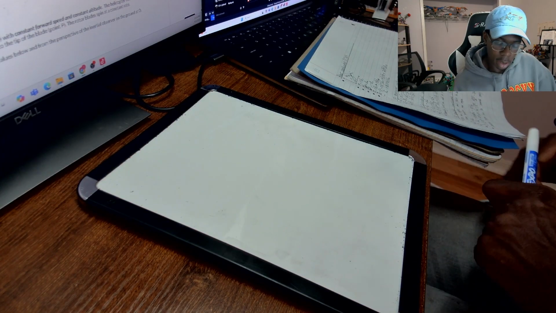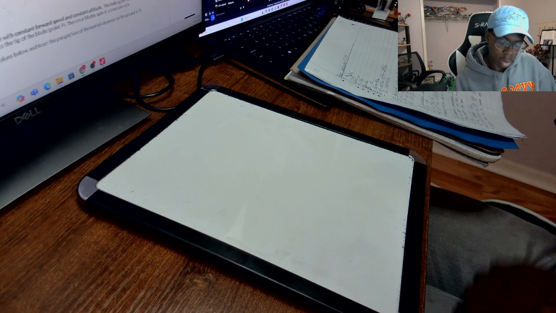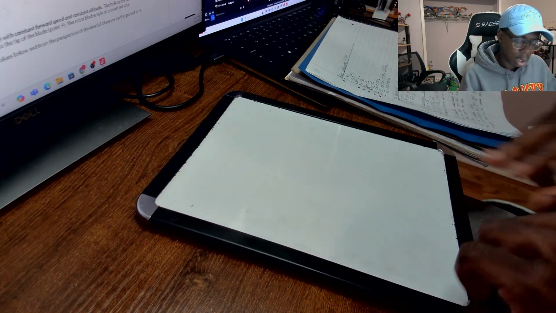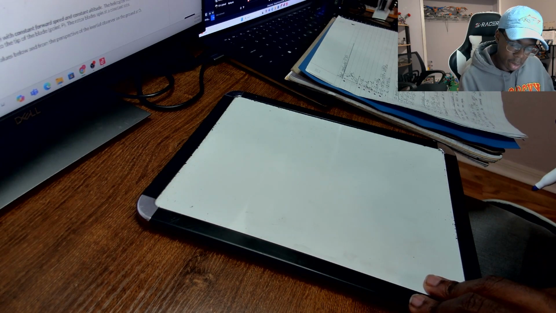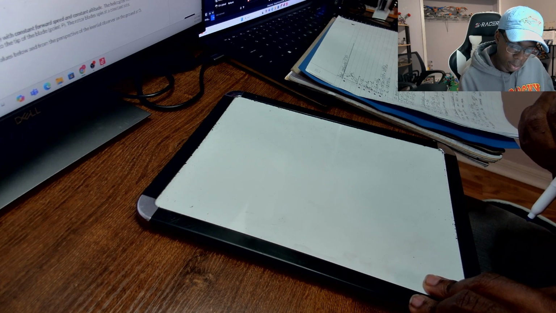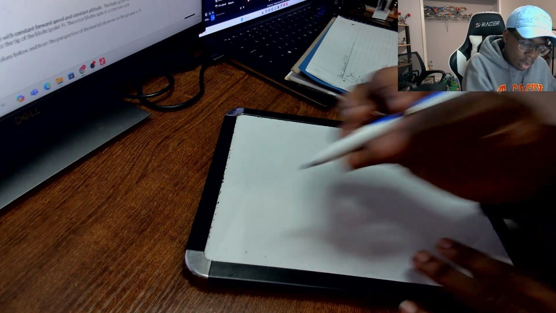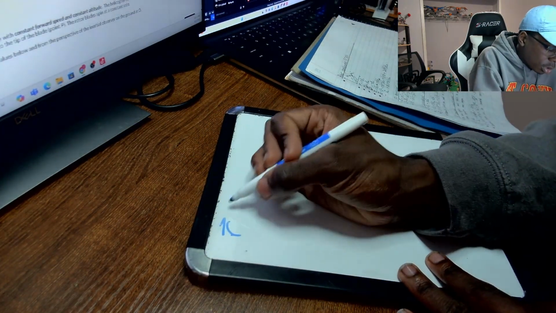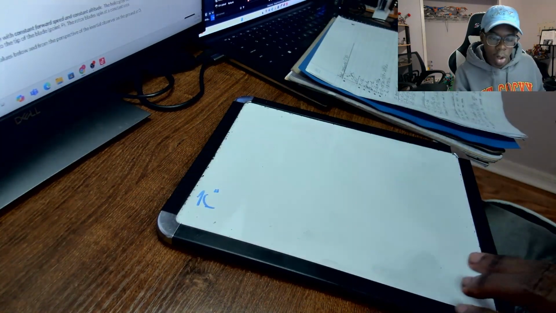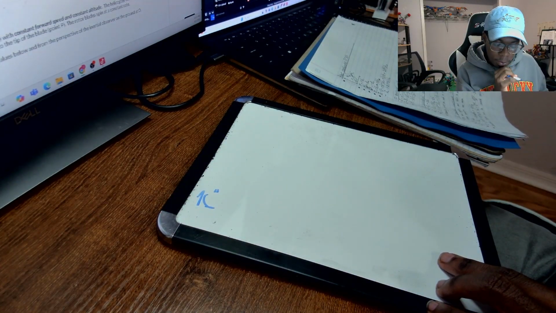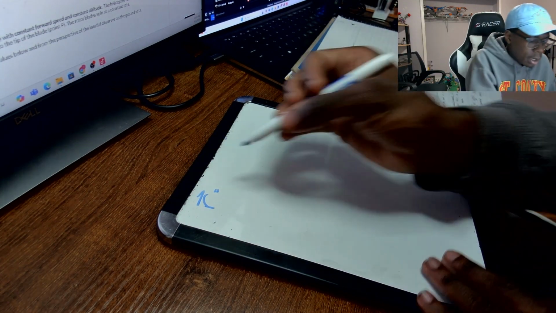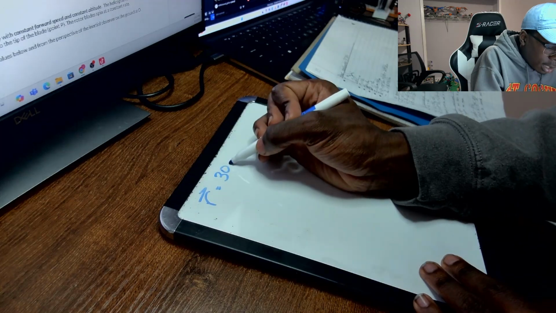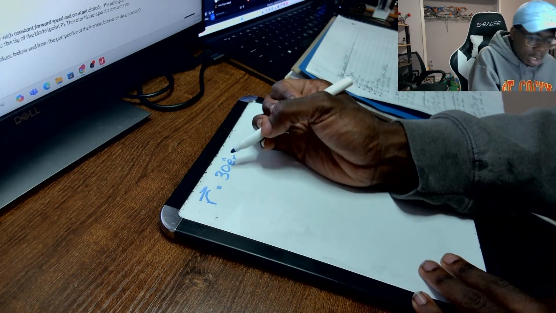All right, so like I said, our position we'll say is r, and so that's going to be the 30 feet in the ER direction.